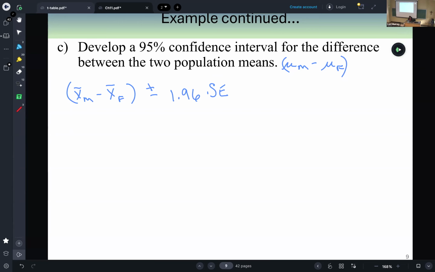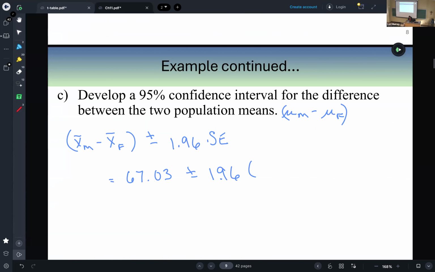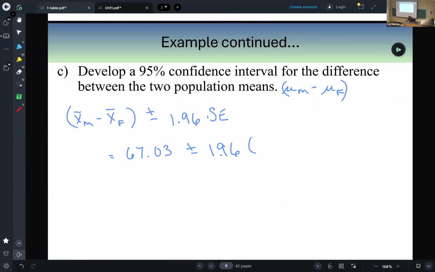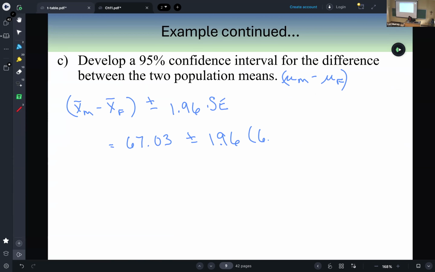So it's going to be equal. We get $67.03 plus or minus. Now our margin of error. Margin of error is 1.96 multiplied by $6.63, and that's going to equal $67.03 plus or minus.